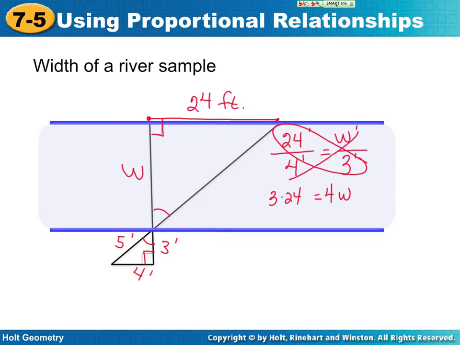Okay, and then we're going to divide by the 4. And so the width of the river is 18. What kind of units? Feet. So it was 18 feet across. So notice how that's just based on similar triangles, using things that we can measure on the bank, and then we can figure out the width across the river.